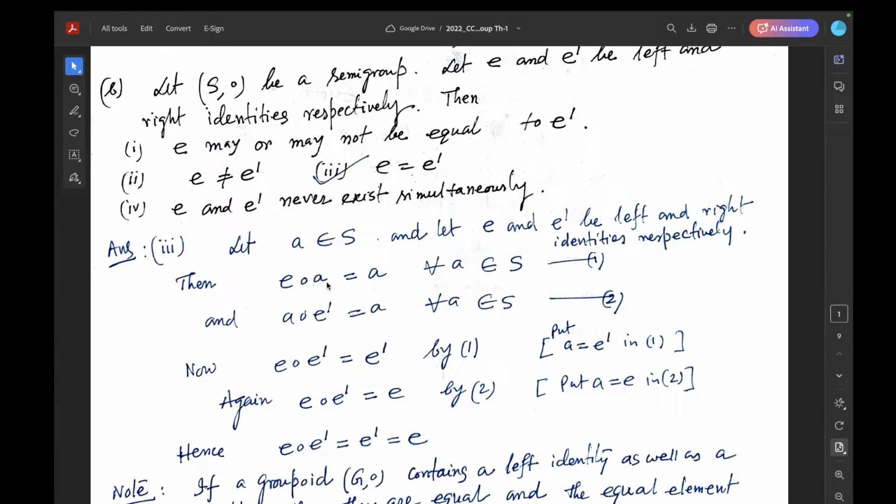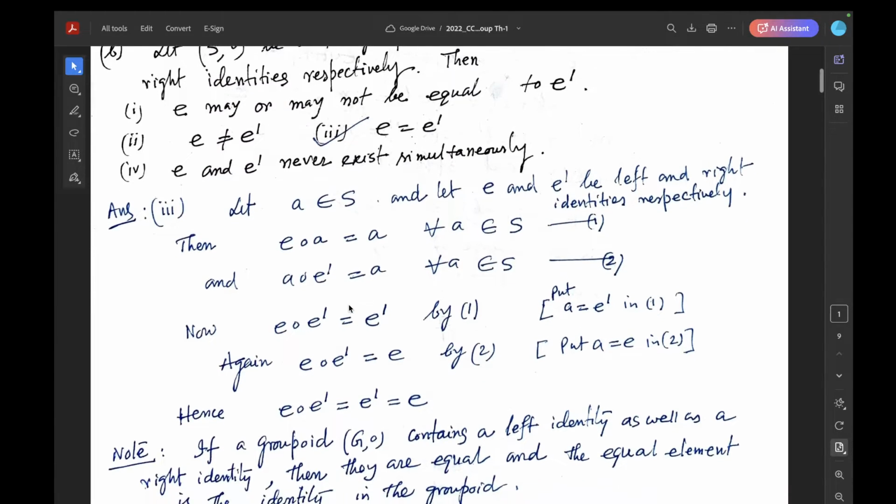Then e star a equal to a for all a belongs to S, because e is the left identity, and a star e dash equal to a for all a belongs to S, because e dash is the right identity.